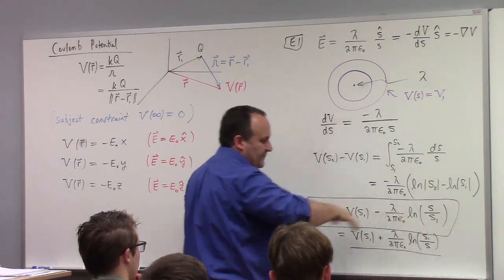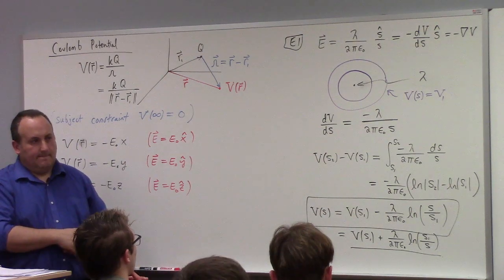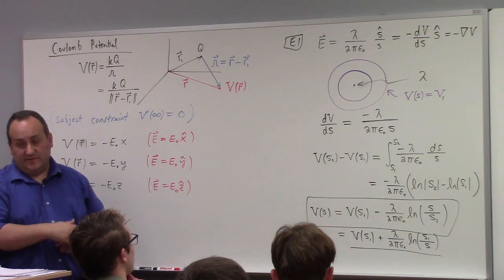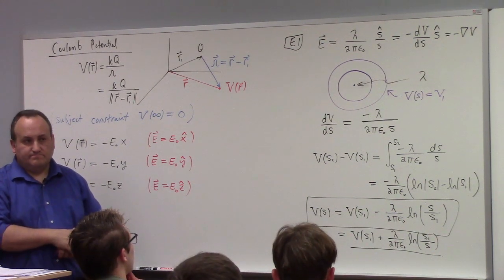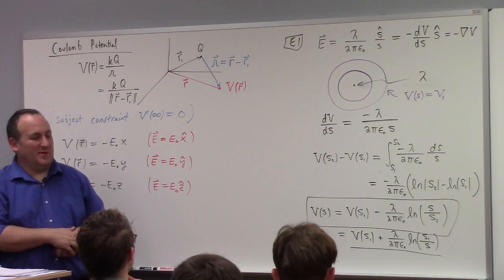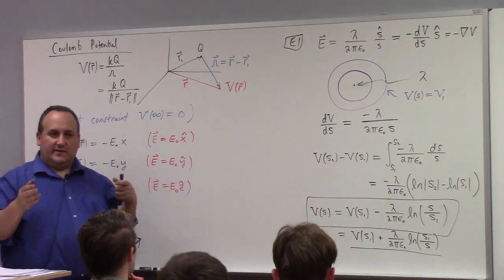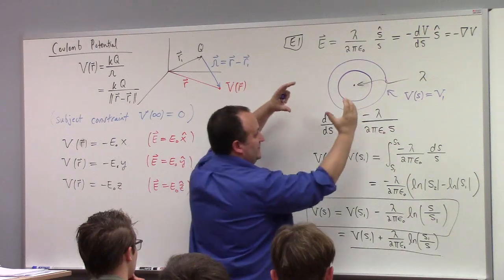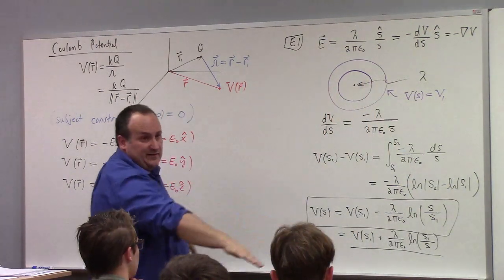You get natural log of something smaller and smaller and smaller. What's the natural log of 0? As we tend to zero, we tend to minus infinity, right? So as we go out to larger and larger circles, corresponding to larger and larger cylinders around the wire, our voltage is going down, down, down.